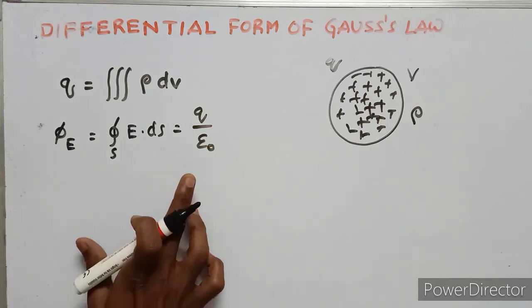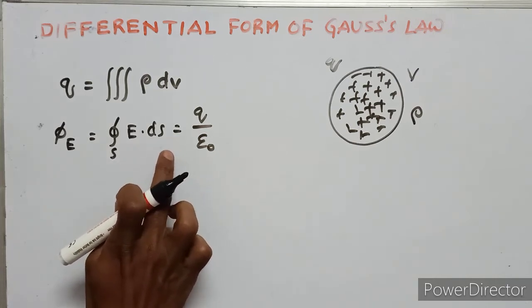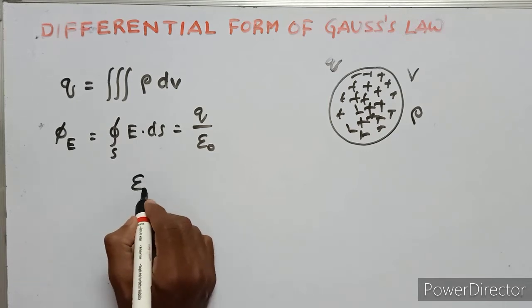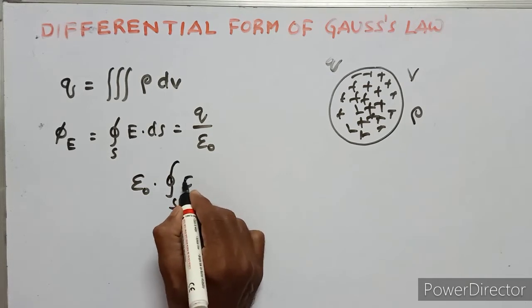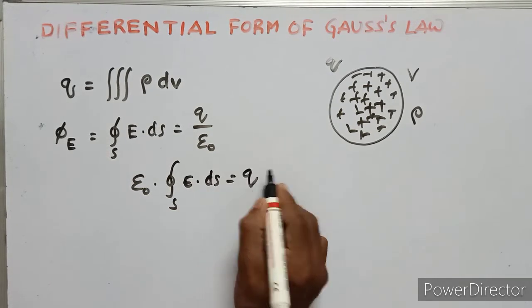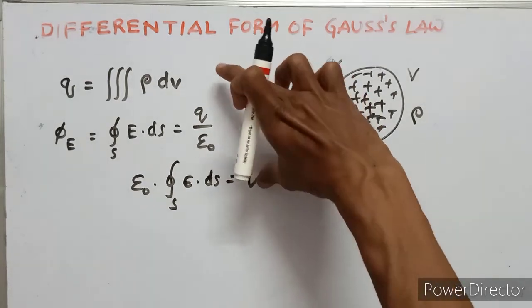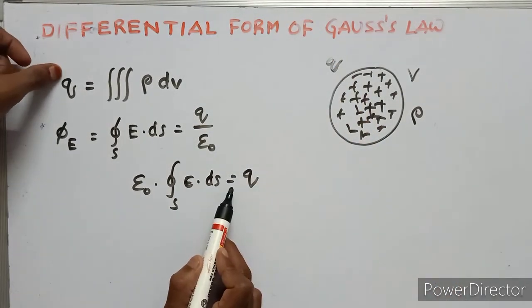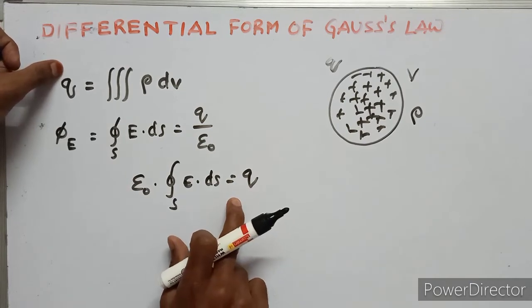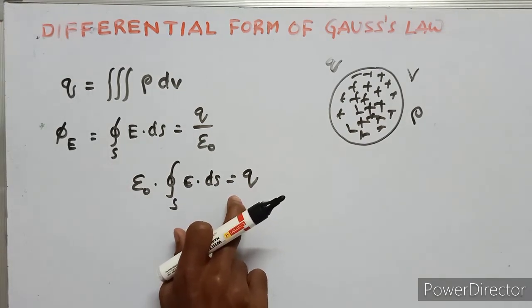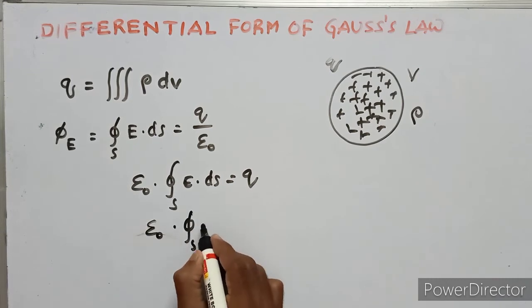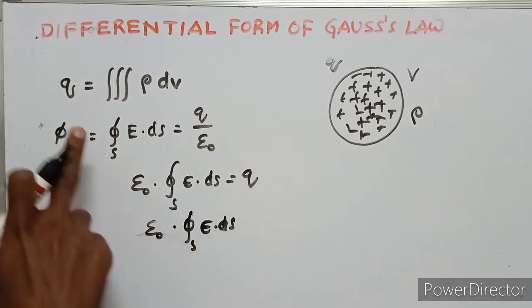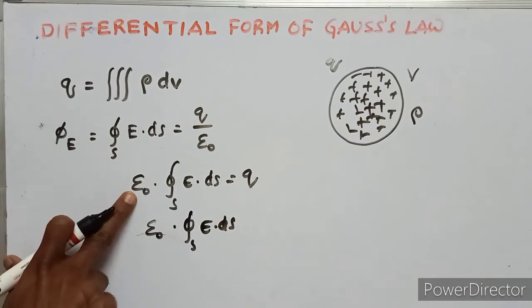Okay, this equation can be written as epsilon naught into closed surface integral E dot ds is equals to Q. From these two equations, this equation and this equation, then epsilon naught closed surface integral E dot ds, for the Q we substitute this equation.